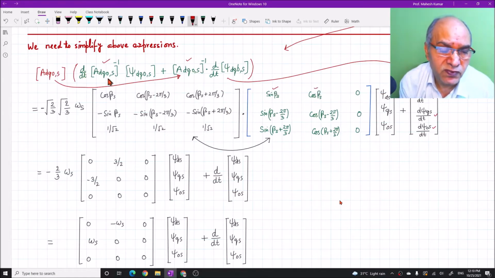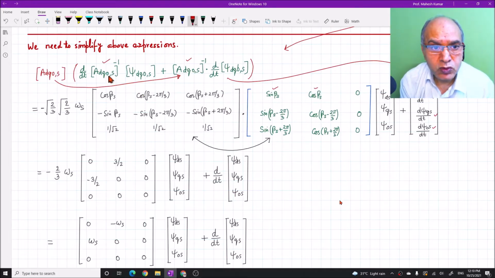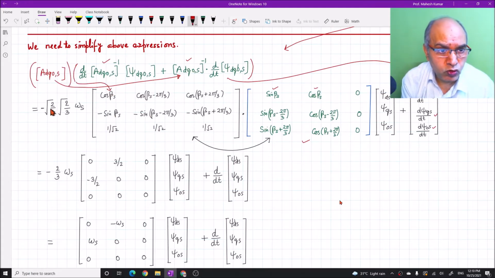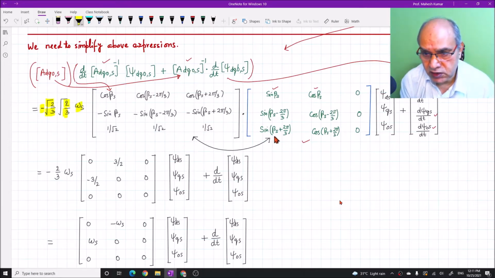So in the previous class we found the d/dt of this matrix, the A_dq0s inverse matrix, and it is this here with minus omega s and root 2 by 3. Then we multiply by this matrix, which again has root 2 by 3 as you can see. So root 2 by 3, minus omega s, multiplication of these two matrices, and plus this term.